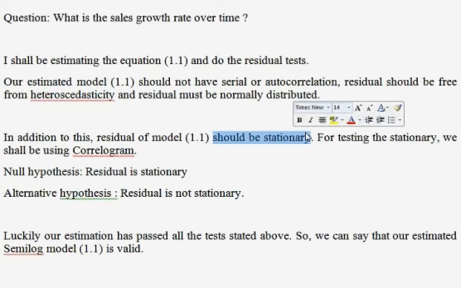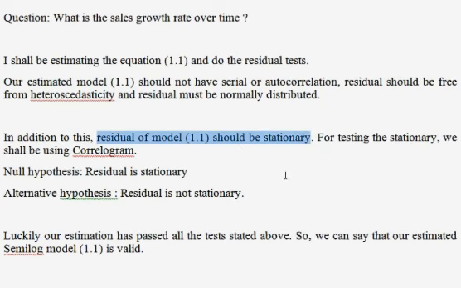So that means in this model there should not be any serial correlation, there should not be heteroscedasticity, and the residual should be normally distributed. At the same time, the residual of the model should be stationary, right?